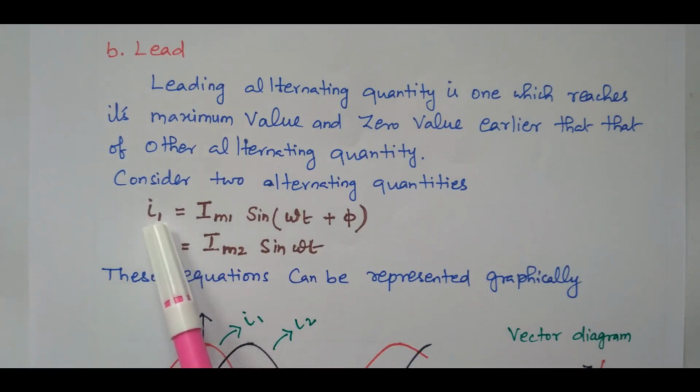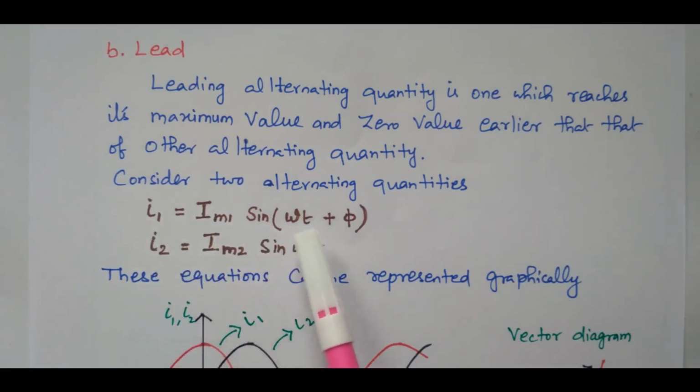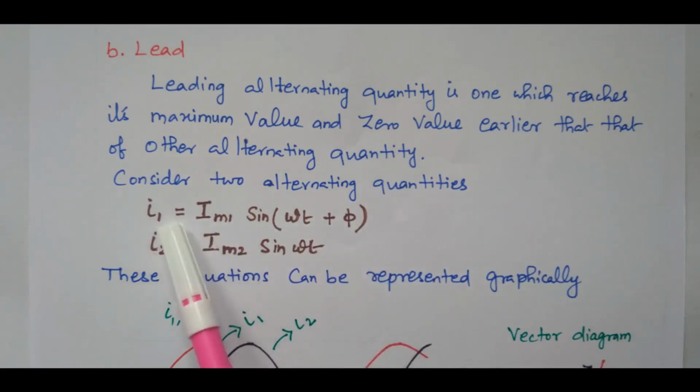But I1 equals Im1 sin(omega t plus pi). So it will start earlier, plus pi. If it is minus pi it means later, but it is plus pi, so it starts earlier. This plus indicates that this waveform starts earlier than the second waveform, that it is leading.